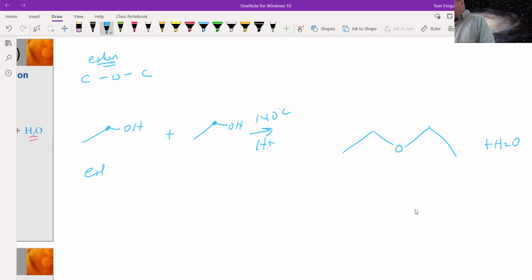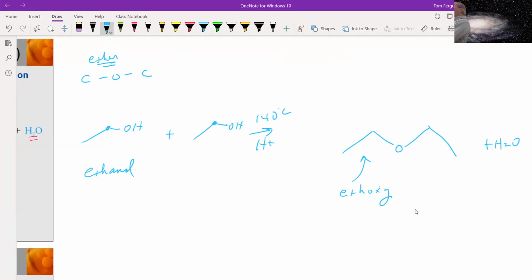So this would be ethanol, ethanol. Now, we can name ethers two different ways. The easiest way we're going to use is through something called an ethoxy bond. So ethoxy.